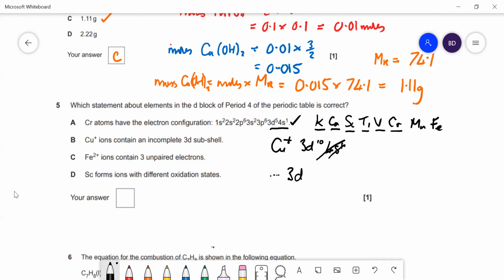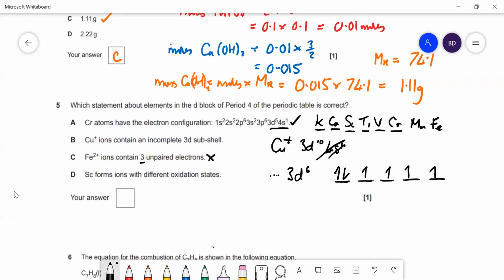So iron is 3d6 4s2, right? So the Fe2+ ion is 3d6. You've got 5 d orbitals like that, so just one of the orbitals has got a pair. So it doesn't contain 3 unpaired, it contains 4 unpaired electrons, as you can see there.